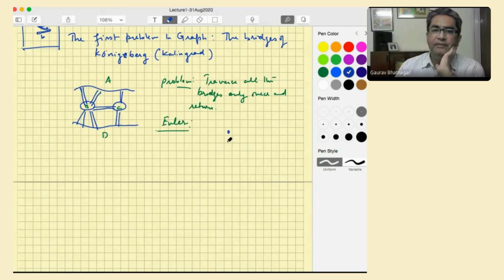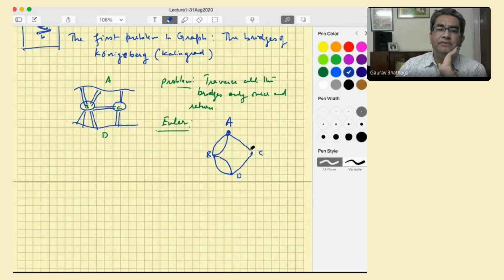So he called these regions A, B, C, D the vertices of a graph, and he represented bridges like this as lines between these regions.